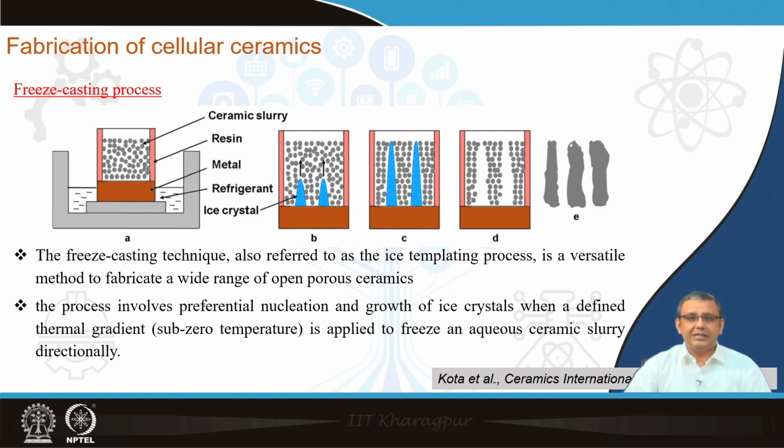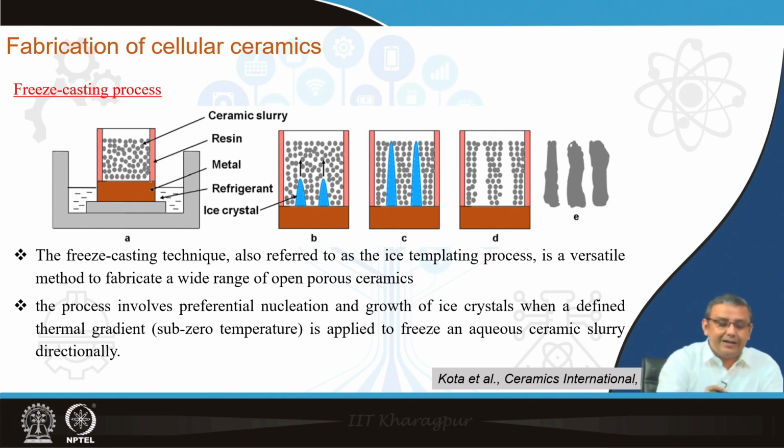In those cases freeze casting plays a very important role, and for this process one requires a ceramic slurry, as is being shown over here. A special type of container is fabricated, because the main mechanism in freeze casting is that ice crystals are nucleated and made to grow along one particular direction.